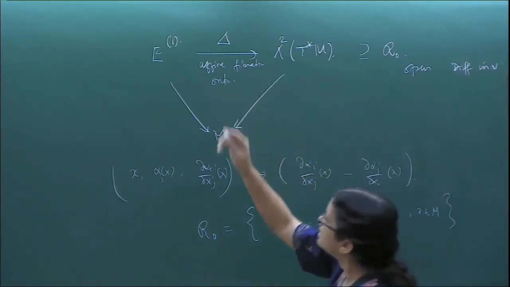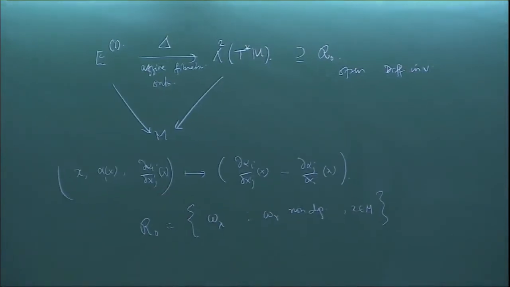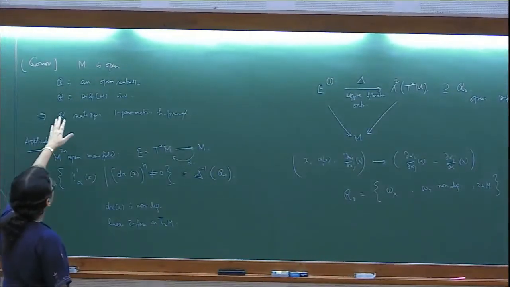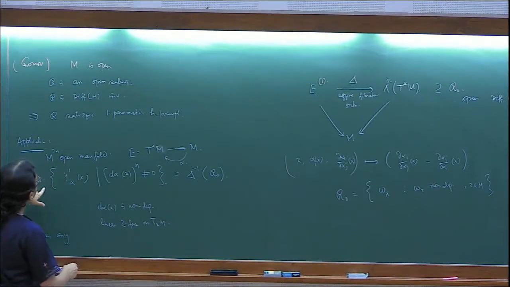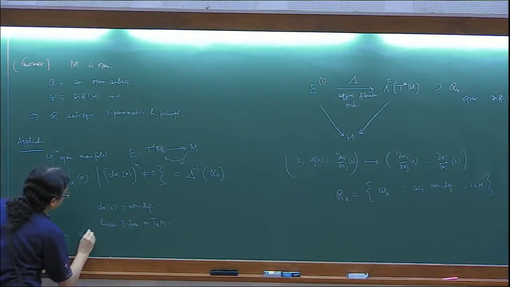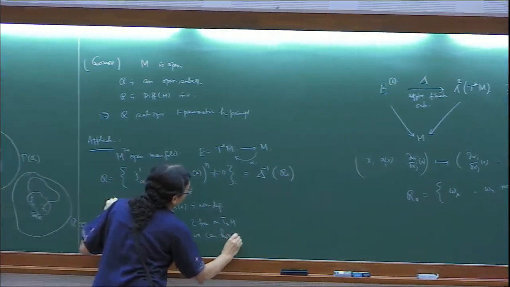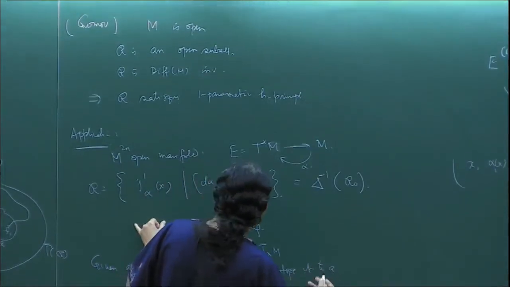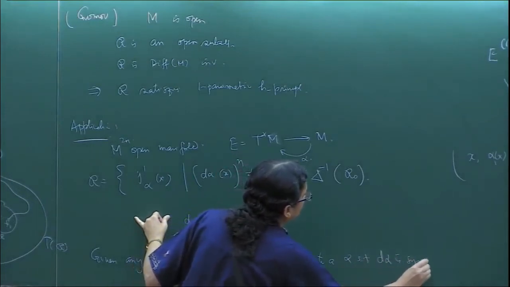And if you look at delta inverse R naught, that will also be open and diff invariant. So Gromov's theorem will apply, and it will say that given any section of R, we can homotope it to a J1 alpha such that d alpha is symplectic.